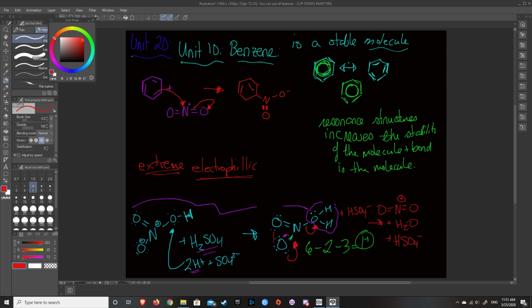And now this is a resonance structure, right? We've got another resonance structure, 1, 2, 3, 4, 5, 6. He can donate his lone pair in to get rid of his negative charge, and then this can pull the pi bond out, and he can form it. So we've got a resonance structure here, so it's a somewhat stable structure. And remember when we draw benzene, you can calculate how many bonds these carbons have.